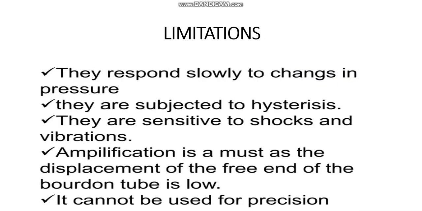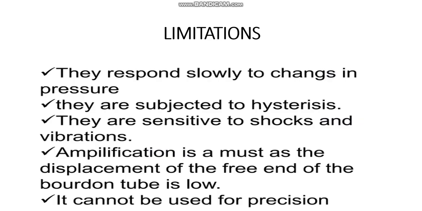Limitations of the Bourdon tube: they respond slowly to change in pressure. That is the main disadvantage. They are also subjected to hysteresis error. They are sensitive to shock and vibration. If any shock or vibration is produced, the output will be affected. And also we need amplification.